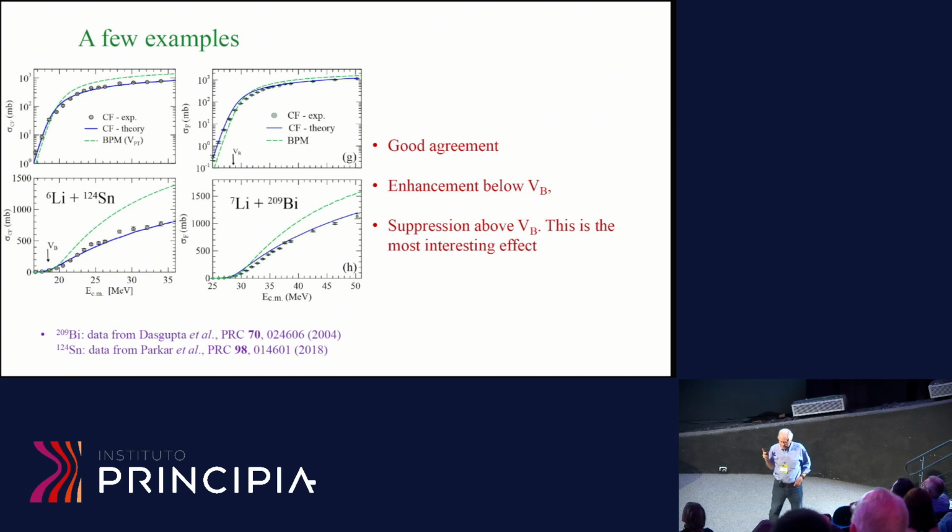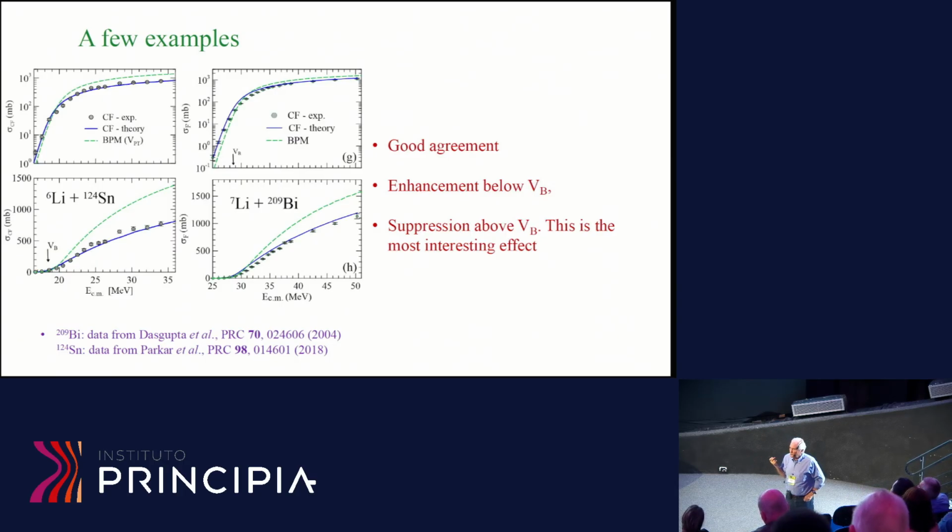This enhancement is easy to understand. If one considers the cluster structure with a low binding energy, the density is spread over a wider range, and when I calculate the folding potential, the barrier becomes lower. This enhances the cross-section at sub-barrier energy.